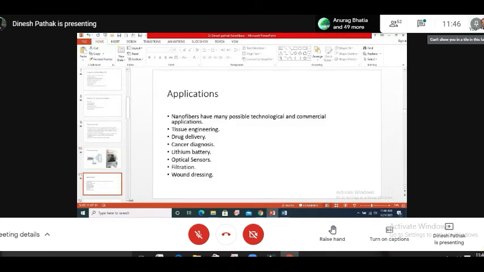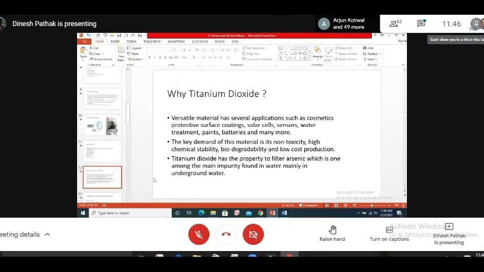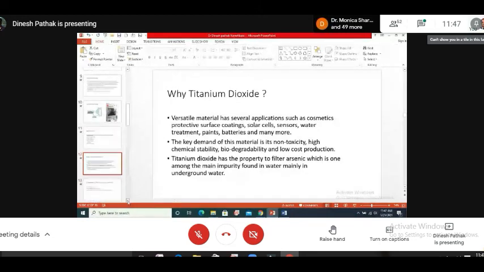Again, this slide is repeated, about the applications. We use titanium oxide because it is very versatile and low cost. Along with filtration, we can use nanofiber in other applications as well, such as protective coating, self-cleaning windows, solar cells, water treatment, etc. That is why titanium oxide was blended with the polymer PVP.